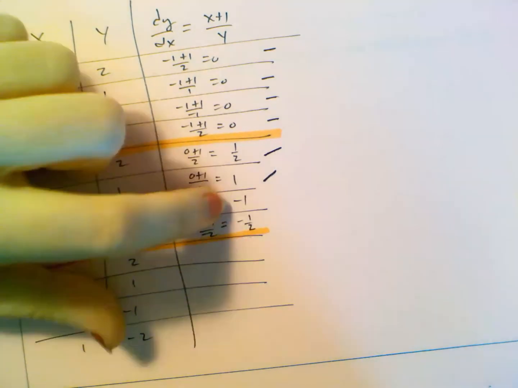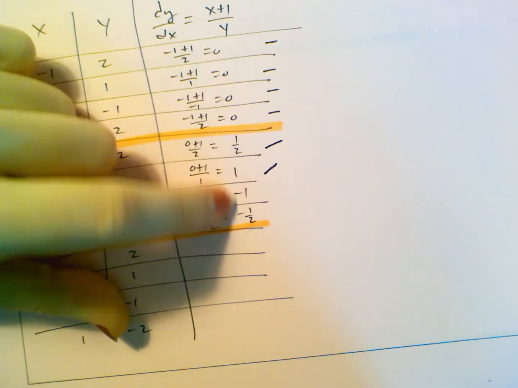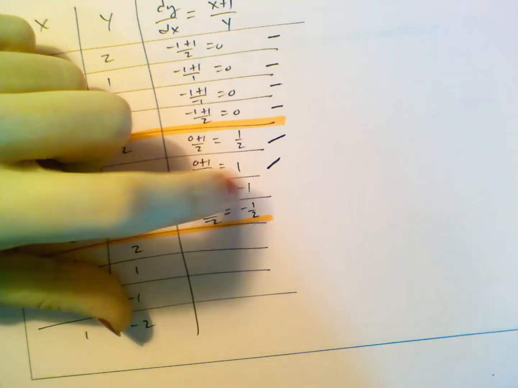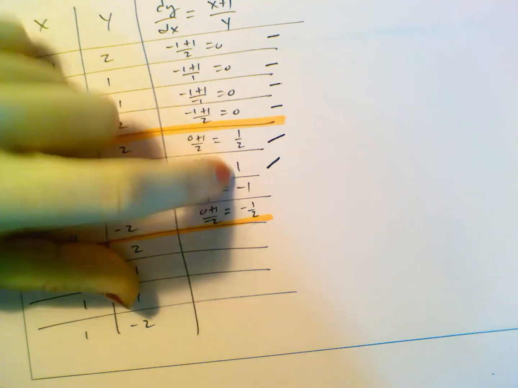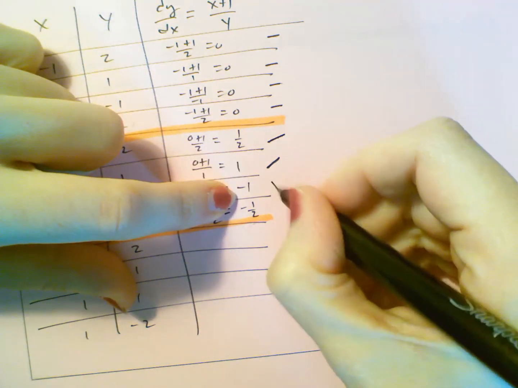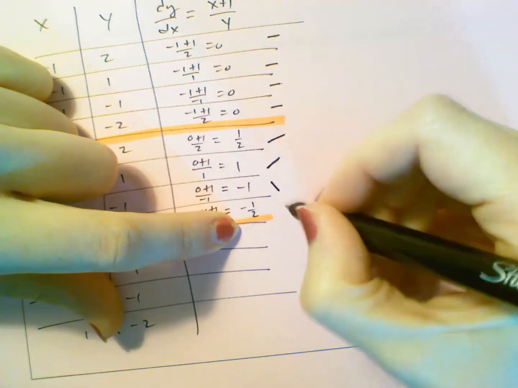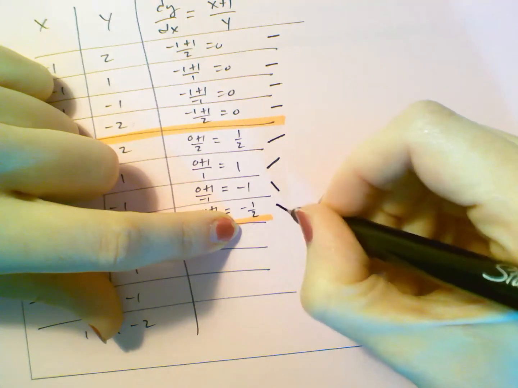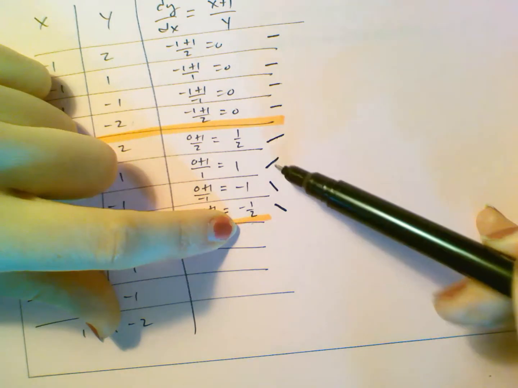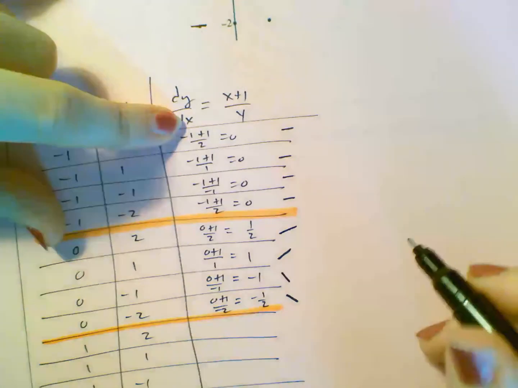And same thing down here. Both of these line segments are going down, but this is going to be the steeper one. And this one is just kind of a reflection of that positive one. And then this half one is not as steep. Okay, so the next column is going to look like that.